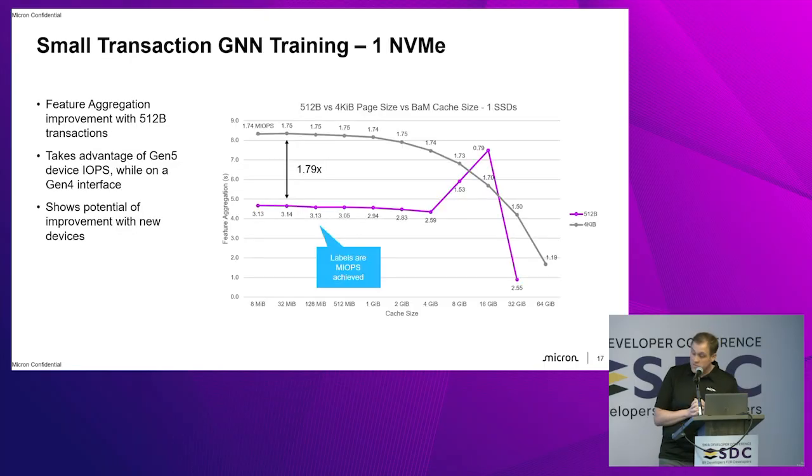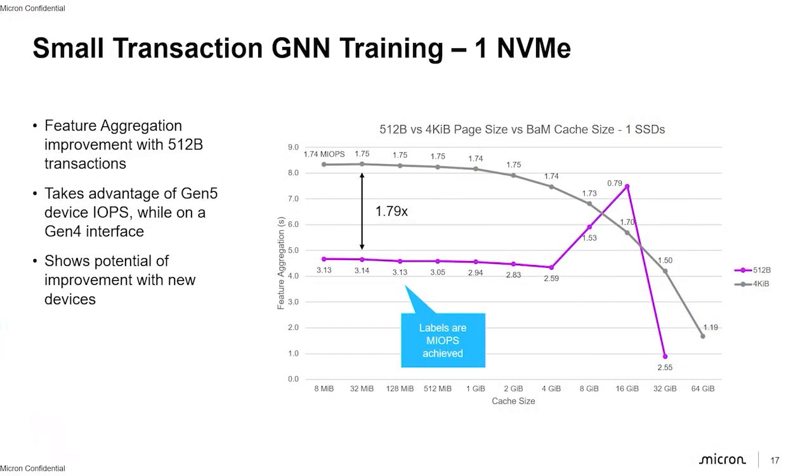So quickly, from this graph, the gray line at the top is the results from the 4K workloads, and the magenta line is the results from the 512 byte workloads. You can see that generally, switching from the 4K reads to the 512 reads with the faster drive in the older generation system, we do get a 1.8x improvement in performance.